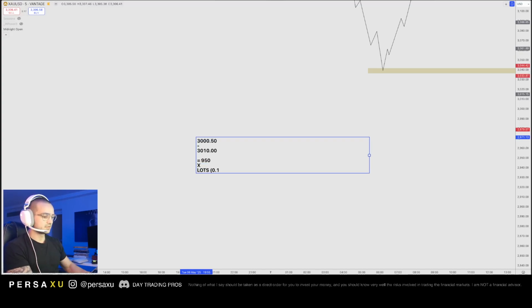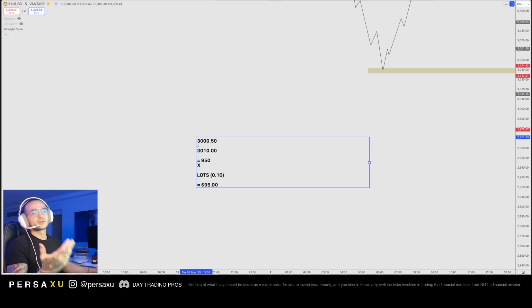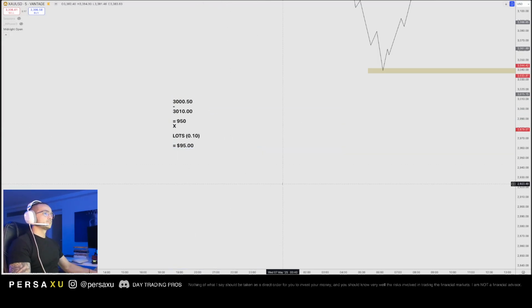In this case, let's say 0.10, and that would equal 95. So this is how you calculate the money that you would be making depending on the lot size, obviously with the price and the target.